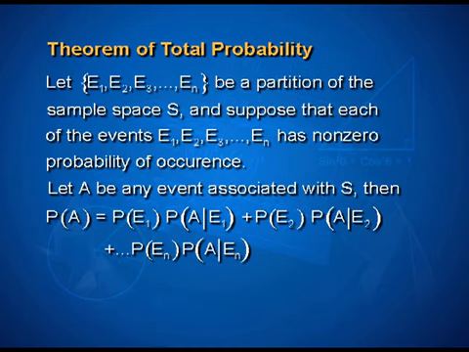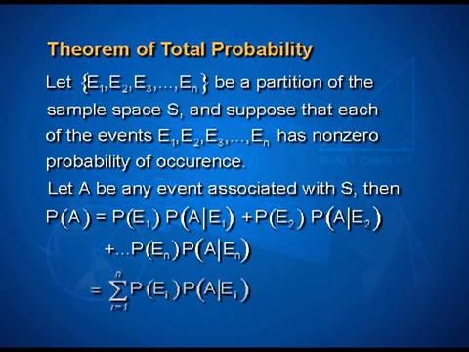So, it can be written as P of E1 into P of A given that E1 has happened, plus probability of E2 into probability of A given that E2 has happened, up to the number of times that events are possibly happening in this experiment. In short, it can be written as summation of P of Ei into probability of A given that Ei has happened, summation running over 1 to n.